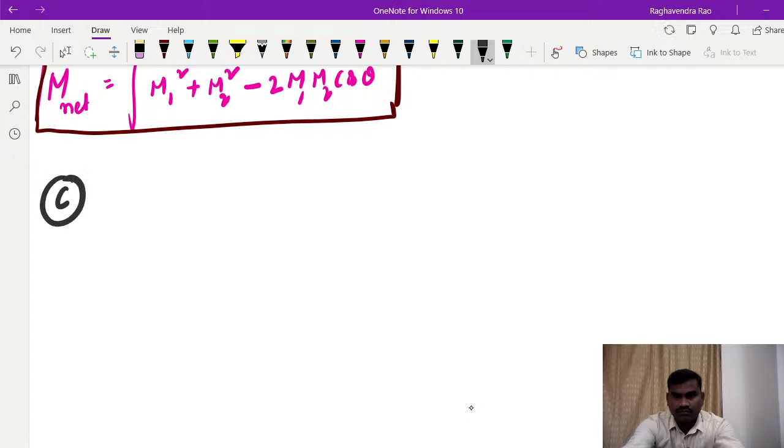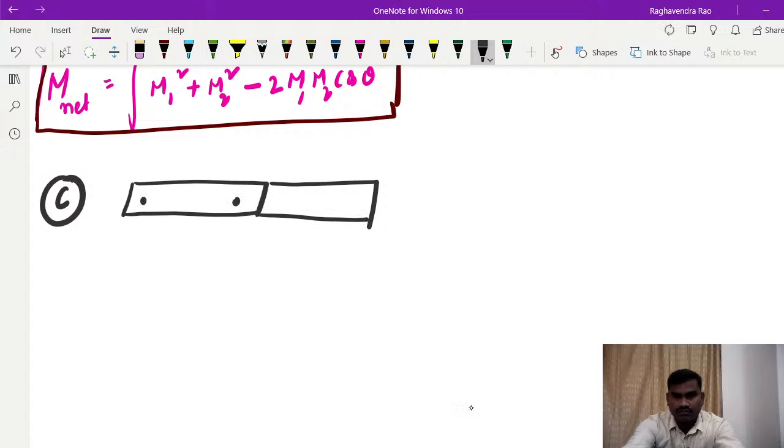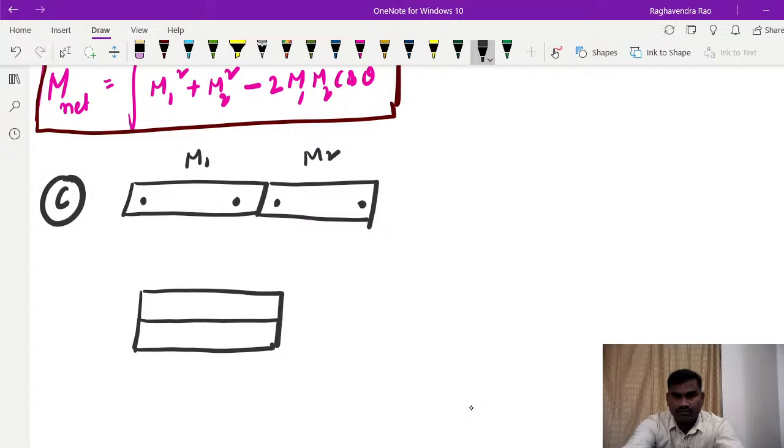Point C. This is one bar magnet, and we are placing another bar magnet like this. This is M1 and this is M2. Otherwise, we will simplify. This is one bar magnet above which we are placing another magnet.